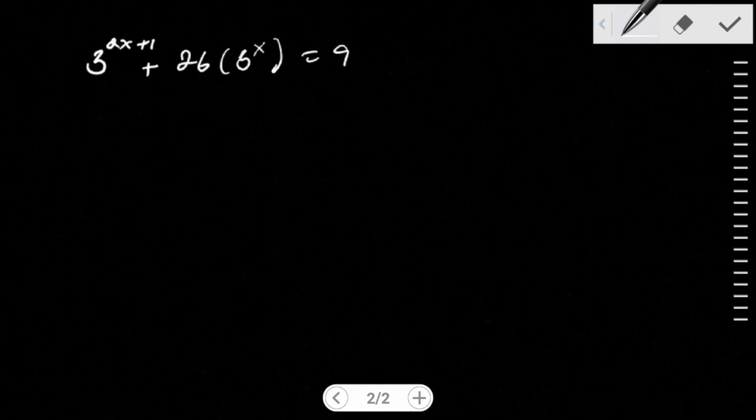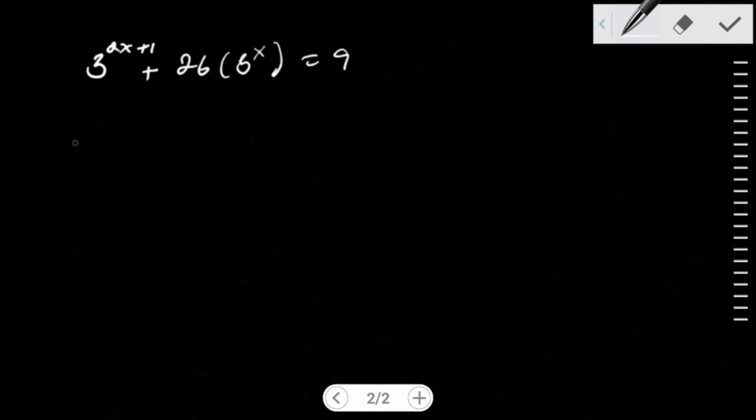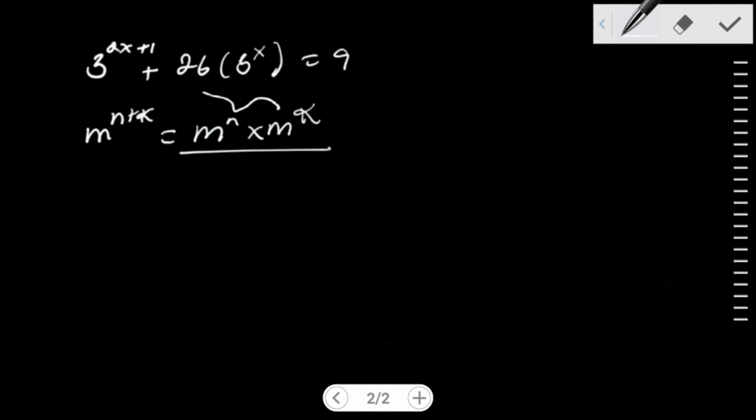Now to work this out, previously if we have m to the power n plus k, this is the same as m to the power n times m to the power k, and therefore this here is what it originates from. So this is what we are going to do for the above example.